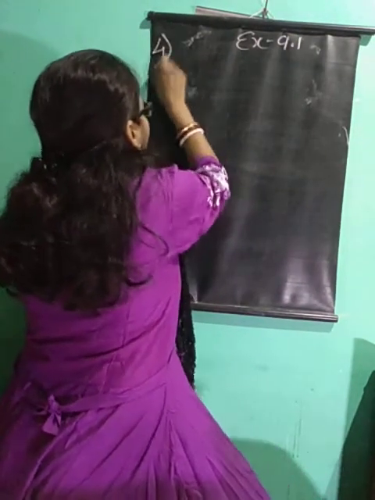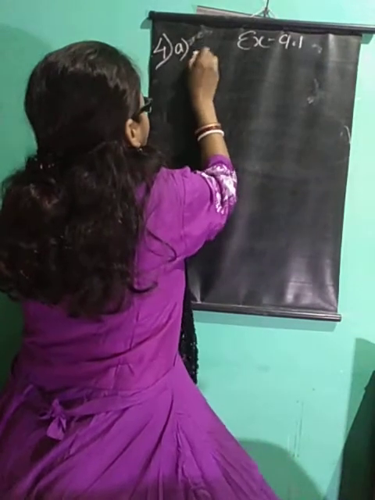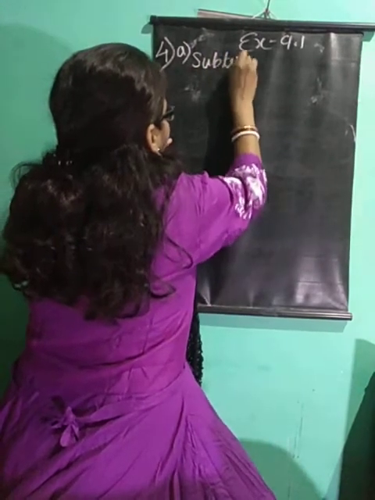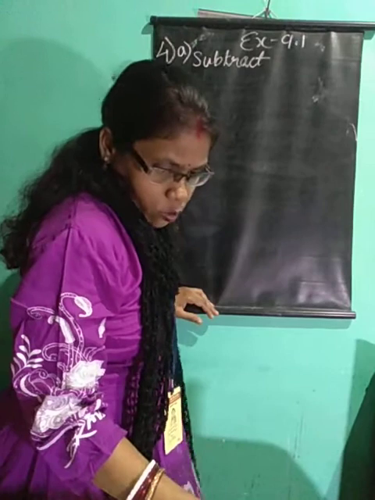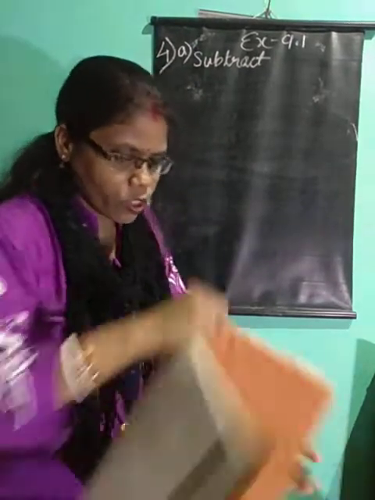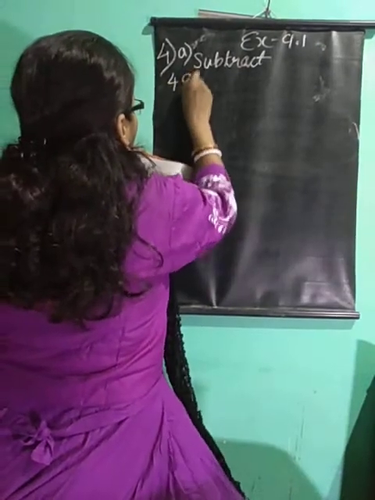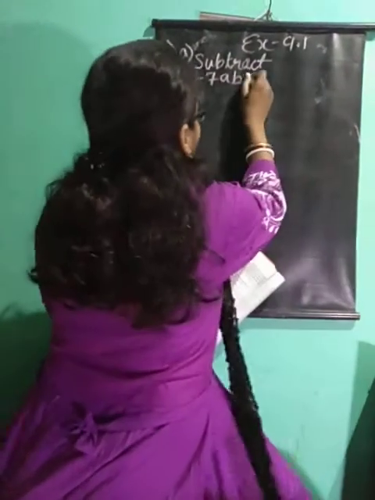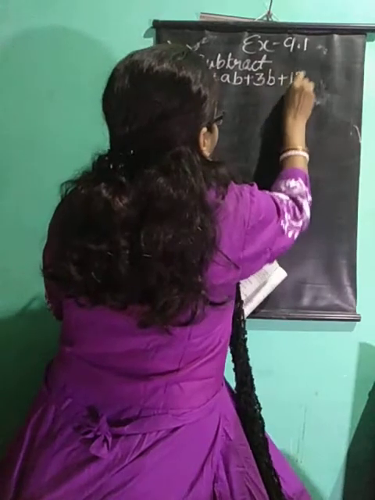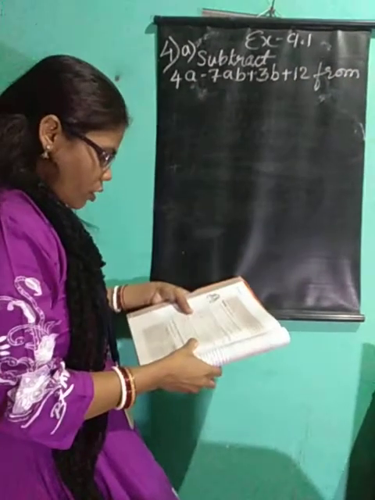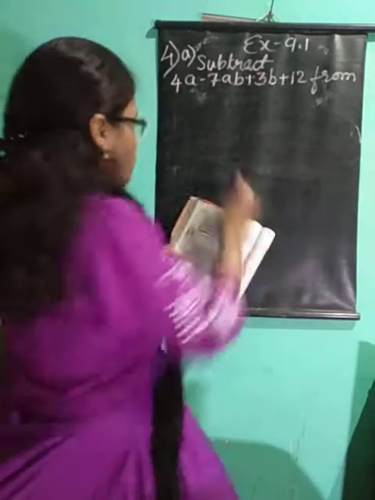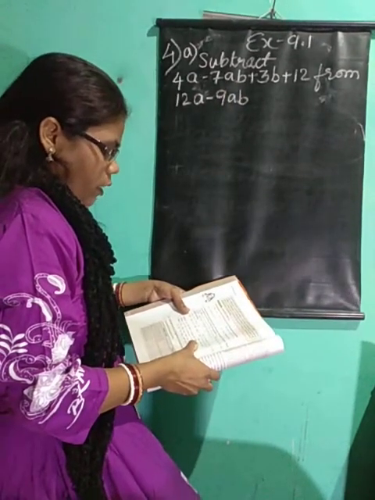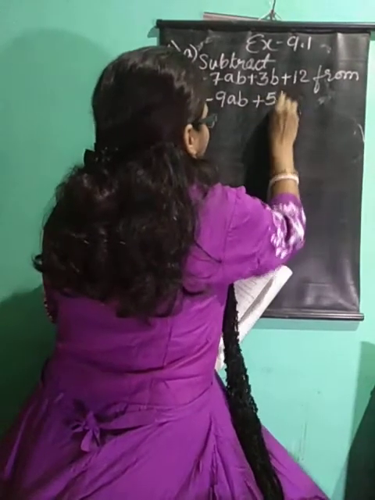Subtract 4a minus 7ab plus 3b plus 12 from 12a minus 9ab plus 5b minus 3. We write the question from here.